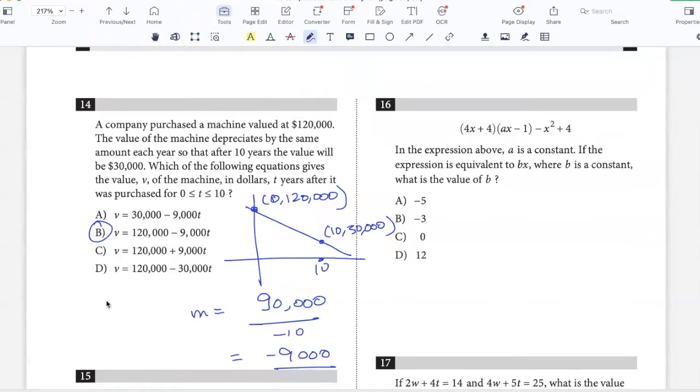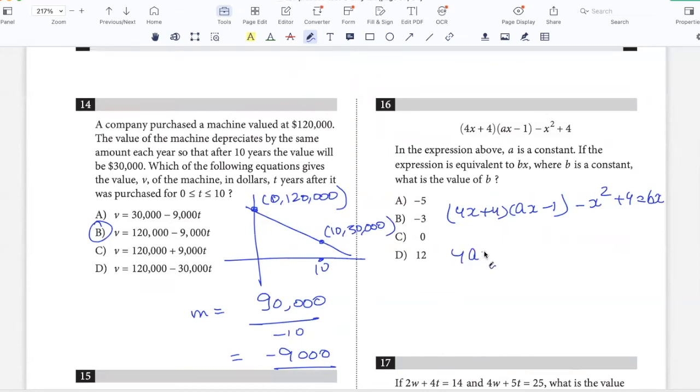In the expression above, a is a constant. If the expression is equivalent to bx, where b is a constant, what is the value of b? Okay. So 4x plus 4 times (ax minus 1) minus (x squared plus 4) is bx.